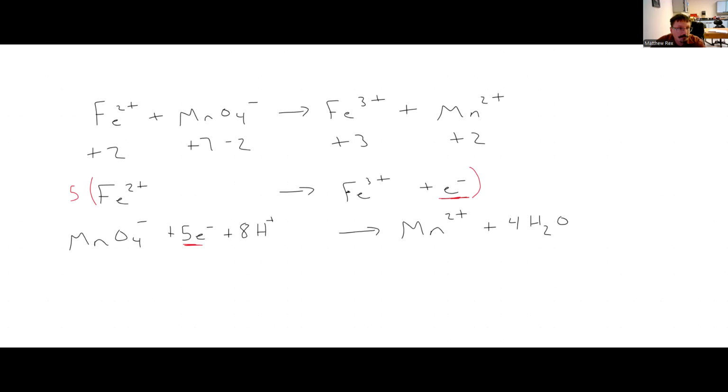So I'm going to end up having 5 Fe2 plus going to 5 Fe3 plus and 5 electrons, and then those can cancel. We want to know the coefficients for the hydrogen and the iron. So for hydrogen, the coefficient's going to be 8. And for the Fe3 plus, the coefficient's going to be 5. So that's going to be answer A.